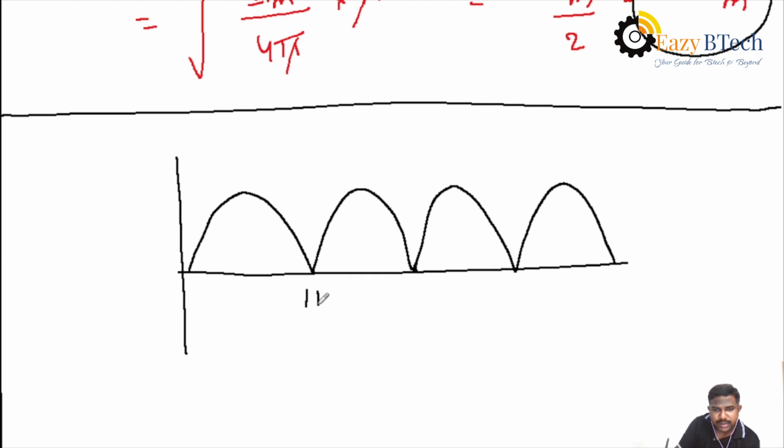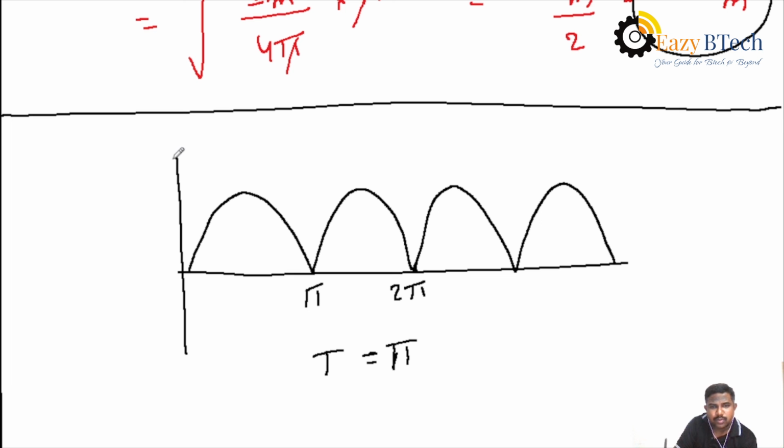What is the time period here? The waveform will be repeated after pi. That's why the value of the time period is pi.